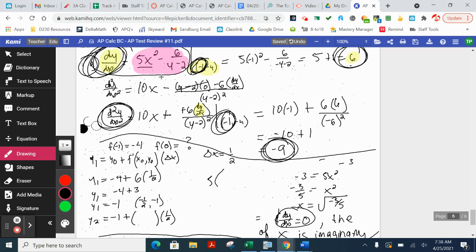So 5 times the negative 1/2 squared minus 6 over the y minus 2. And then we now know our y is negative 1 minus 2. So this should give us 5/4, and this would be negative 6 over negative 3, plus 2. So what is that? 5/4 and 8/4 is 13/4.